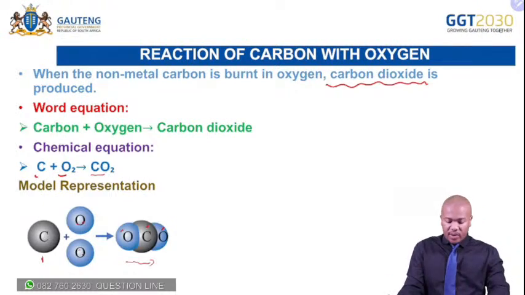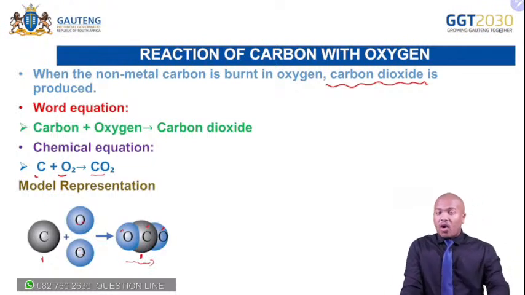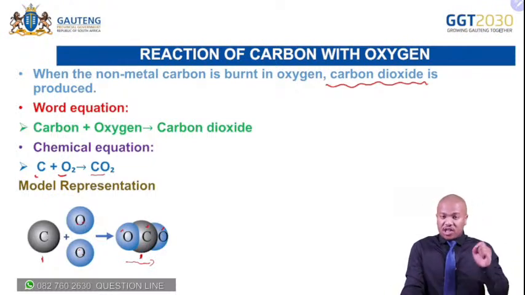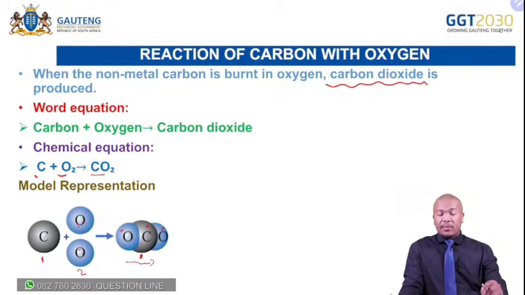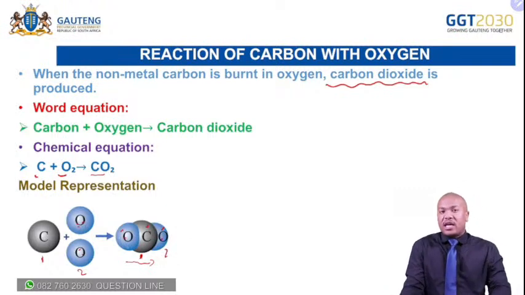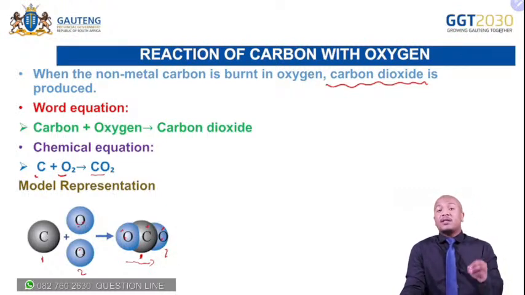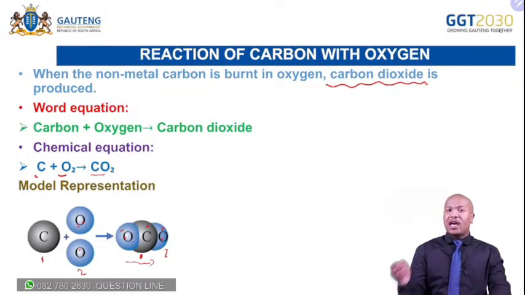On the product side, how many carbons do we have? We have one carbon. On the reaction side again, how many oxygens do we have? We have 1, 2. There are 2. On the products, they are 1, 2. So there are 2 oxygens again. That's why I'm saying this reaction is balanced, because we have the same type and number of atoms on the reaction side and on the product side.